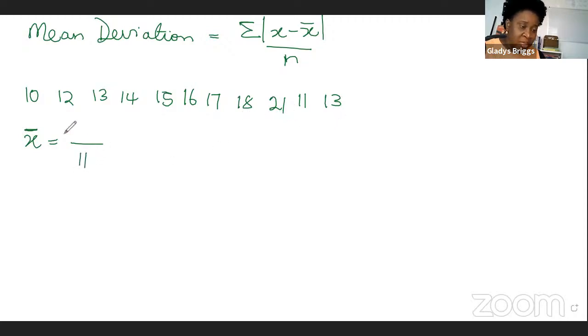So that's 11. And on the top here, you should have 160. So check that for me. And the answer should be 14.55. Check that for me and give me the green light and we'll continue.